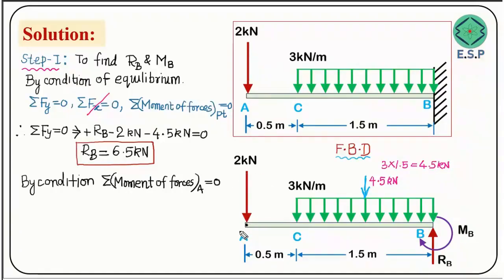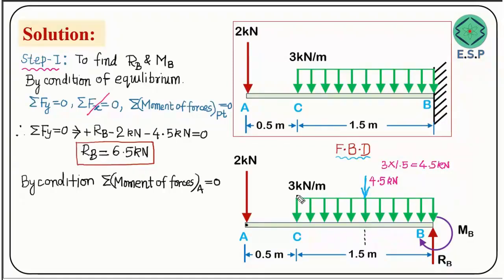So this 2 kilonewton is acting at the same point, so it will not cause any moment because its distance from point A is 0. Now the second force is this point load, which is the equivalent of this uniformly distributed load. So 4.5, and the distance, if you see, it will be at the center point, so it is 1.5. So it will be acting somewhere at the center here.